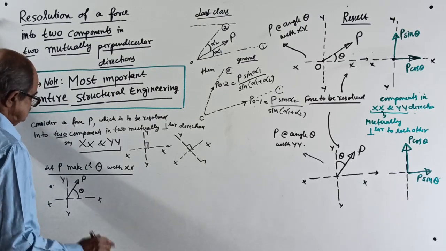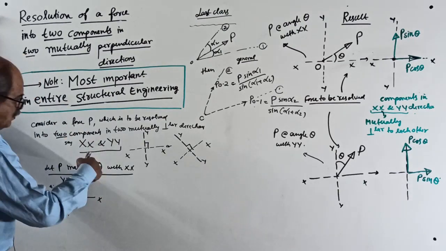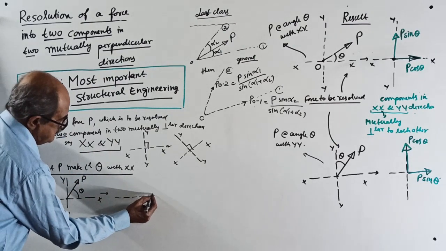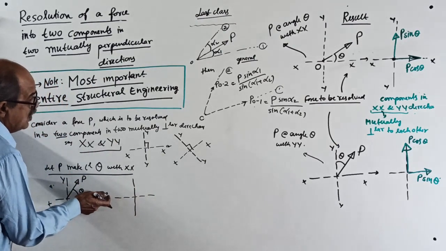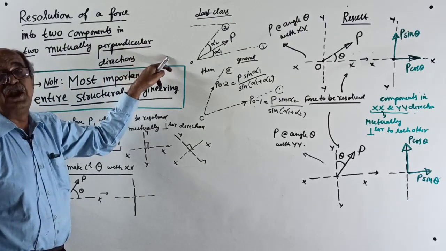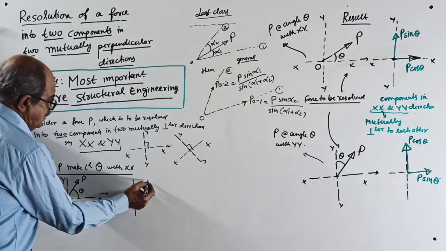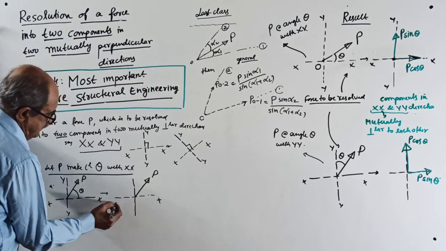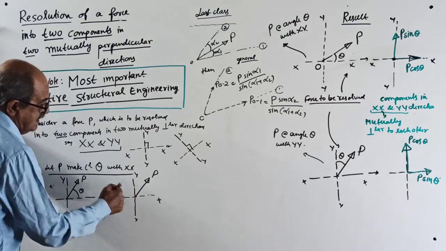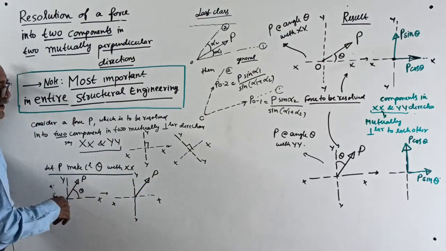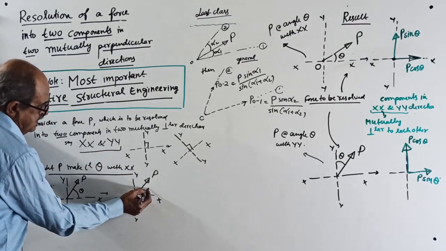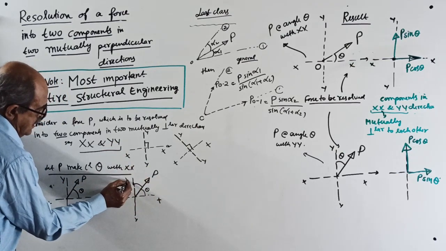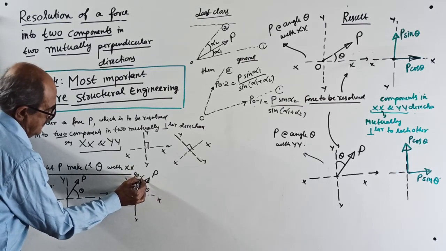Now write one more sketch, small, because the important part is still pending. If the force is P here, this is xx and yy, never by heart. This angle is theta, so naturally this angle will be 90 minus theta.